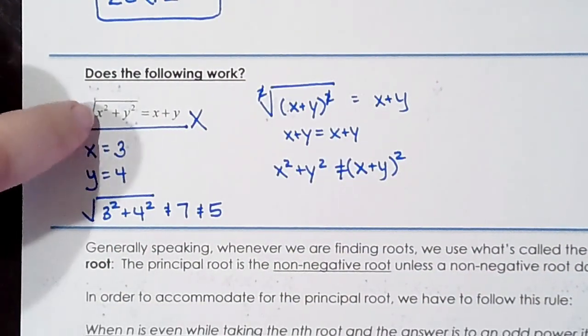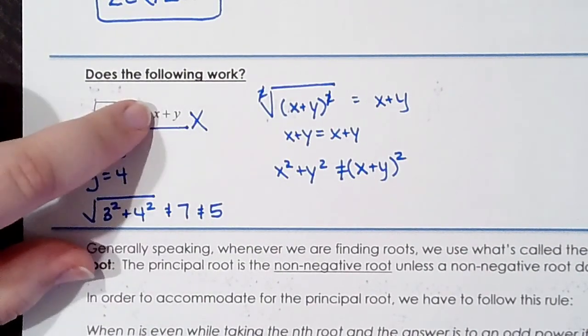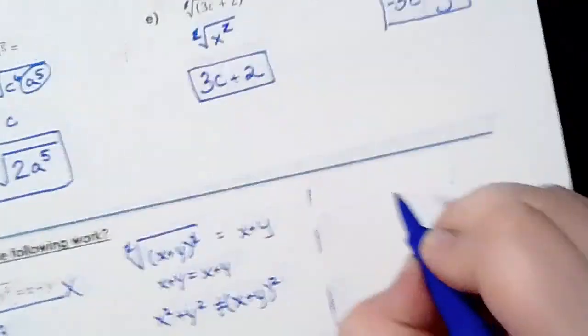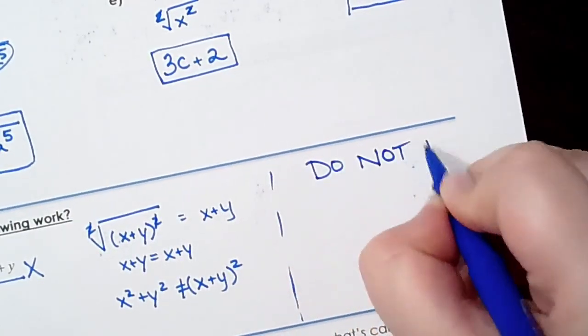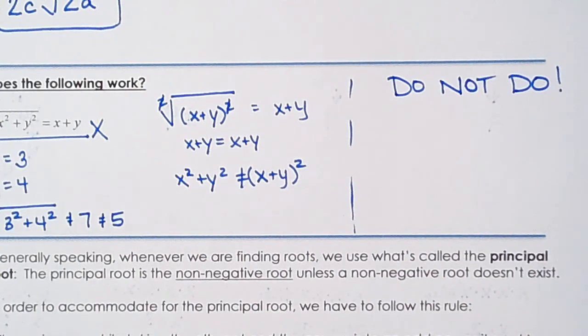So if you see two squared things inside, please do not simplify them to their non-squared version. In fact, let's just go over here. Let's write in big letters, do not do. My favorite phrase in the world. Grammatically unpleasant, but it works. Do not do.